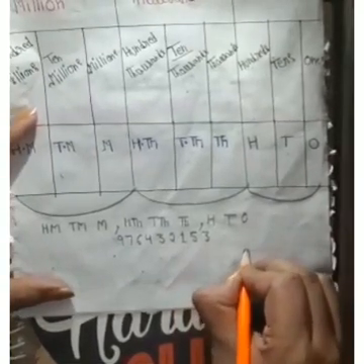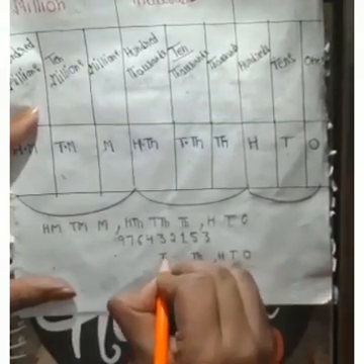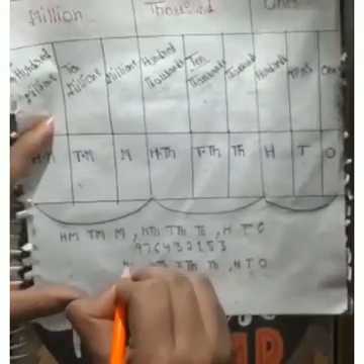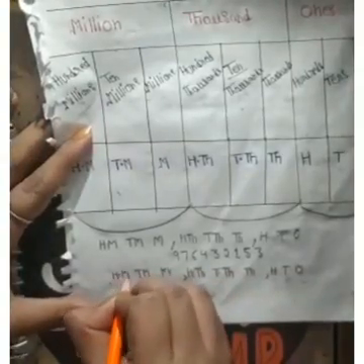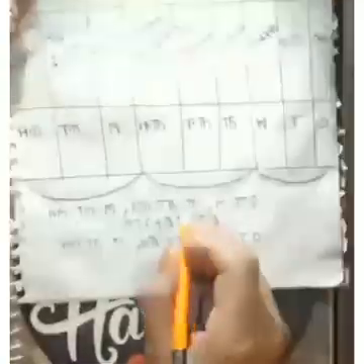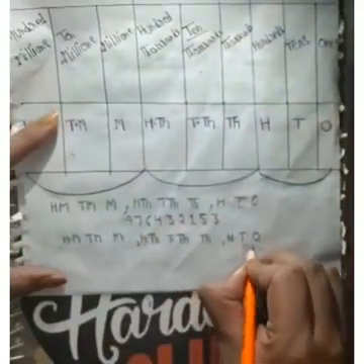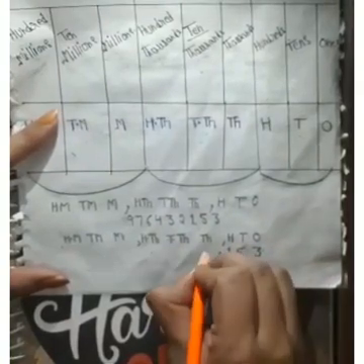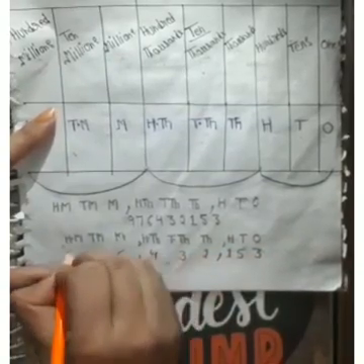So again I am writing ones, tens, 100, comma, 1000, 10,000, 100,000, comma, million, 10 million, 100 million. Now I start writing the number here, starting from the right side: 3, 5, 1, comma, 2, 3, 4, comma, 6, 7, 9.